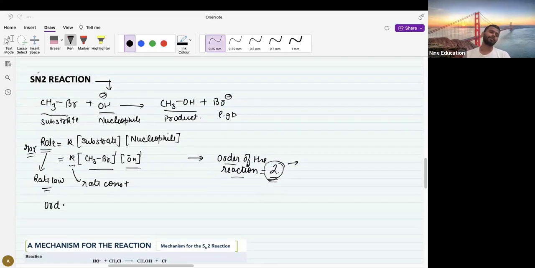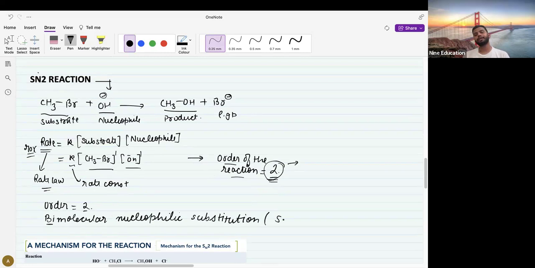And SN2 को हम क्या कहते हैं? Bimolecular. Why bimolecular? Because two molecules are acting together. यहाँ पर इसके साथ ये रिएक्ट कर रहा है. So bimolecular nucleophilic substitution reaction. इसी को हम कहते हैं SN2 reaction.